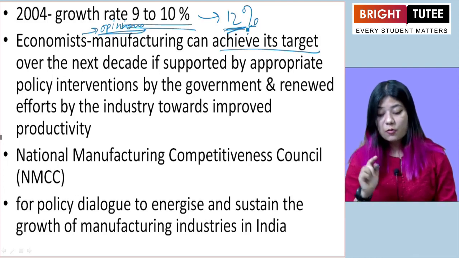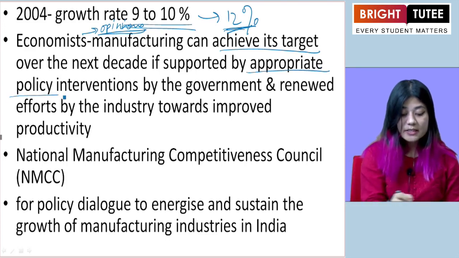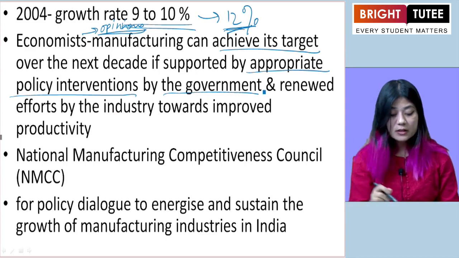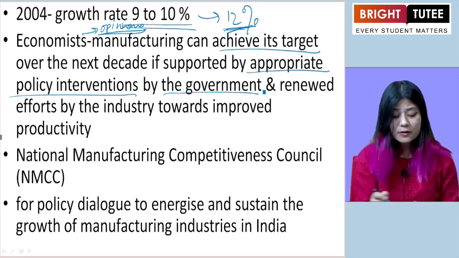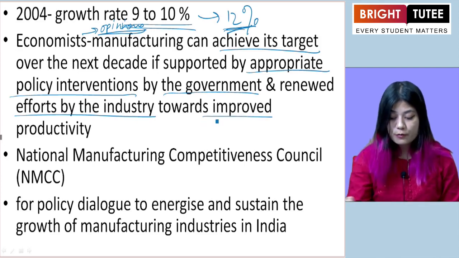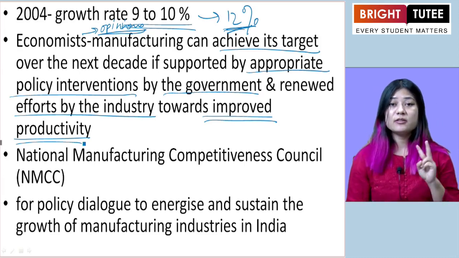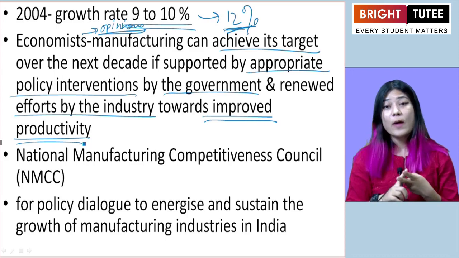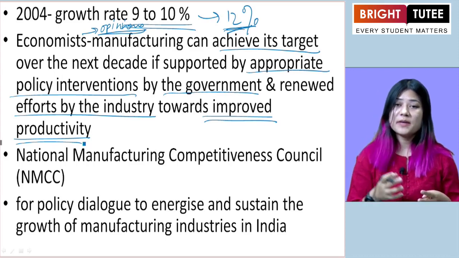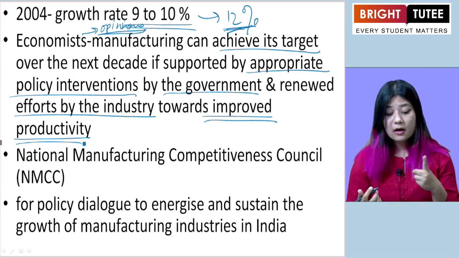They can achieve it only if they are supported by appropriate policy interventions introduced by the government, and if the efforts by the industry are renewed for the improvement of their productivity. So basically, the economists are saying there are two things required for overcoming the stagnation that the manufacturing sector now experiences.